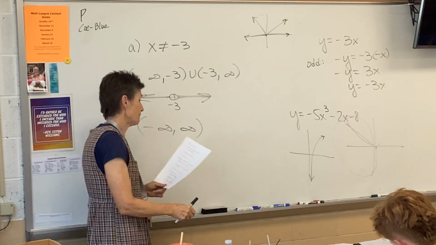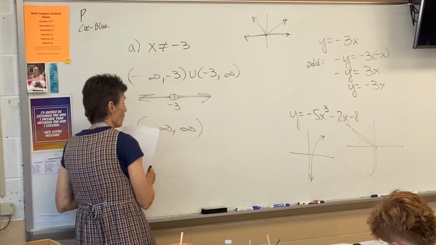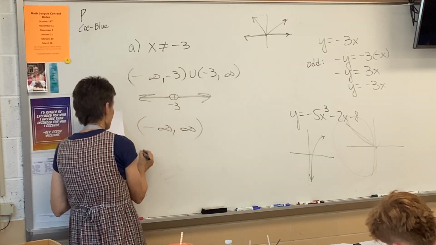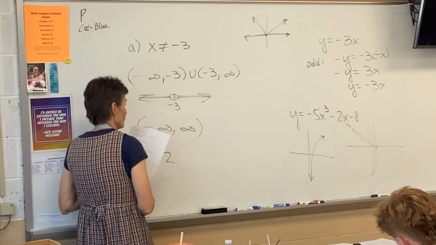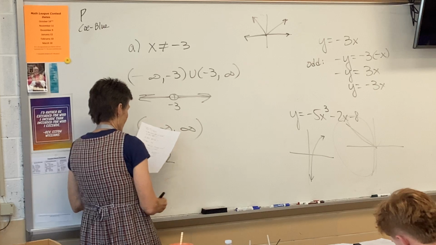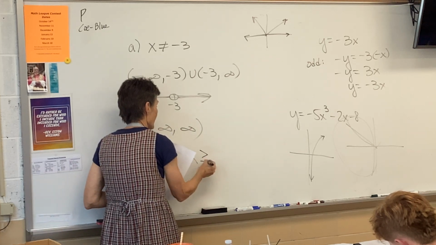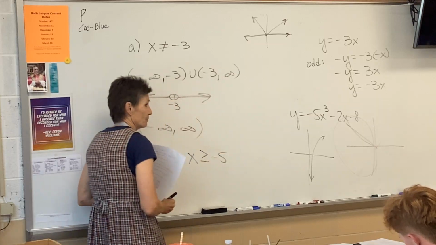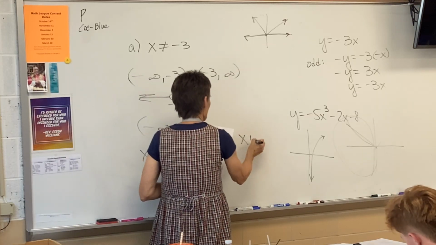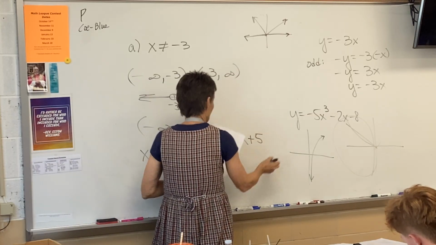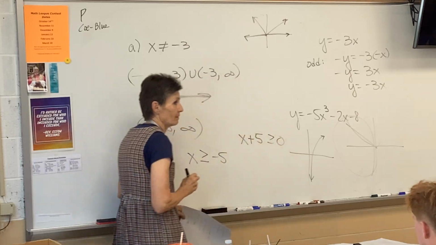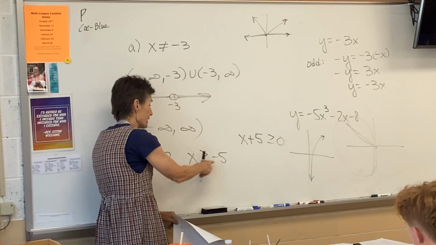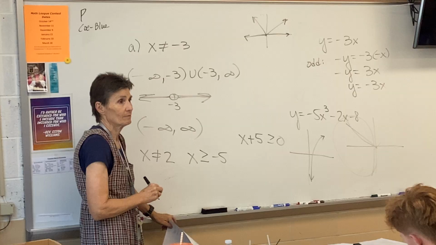Now what about C? So we had all kinds of problems. X cannot be 2, and x has to be bigger than or equal to negative 5. Whatever is under the radical has to be positive, so x has to be bigger than or equal to negative 5.